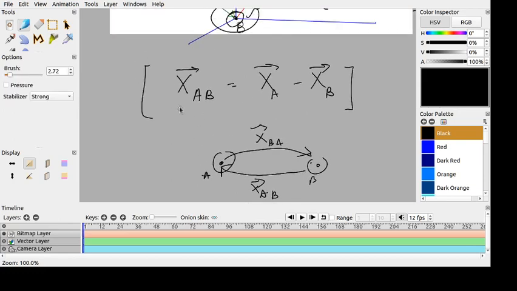A very fundamental and important relation. X of A with respect to B is equal to X of A minus X of B.